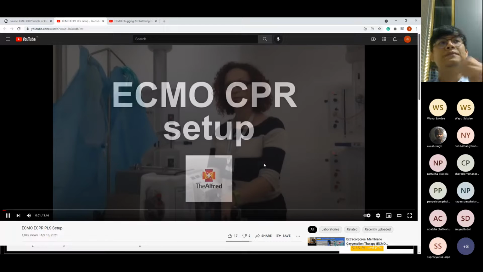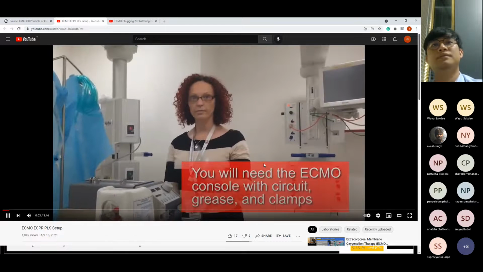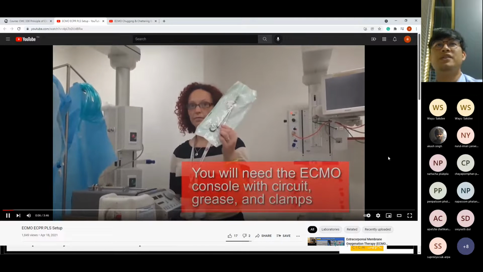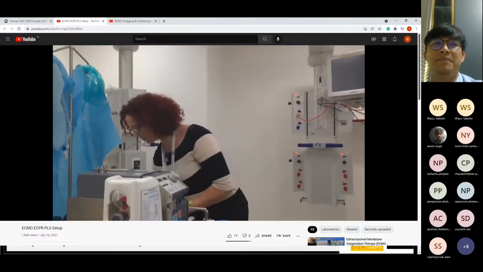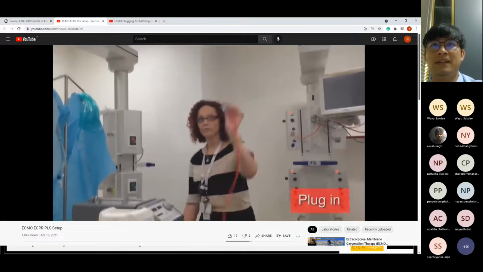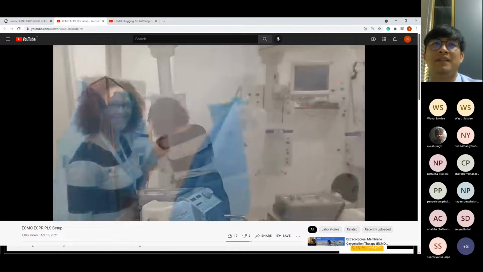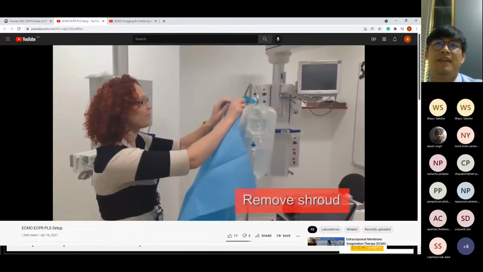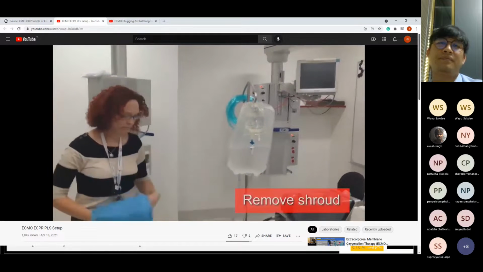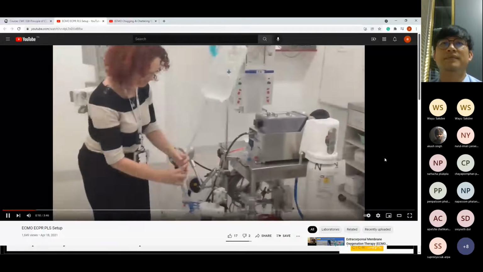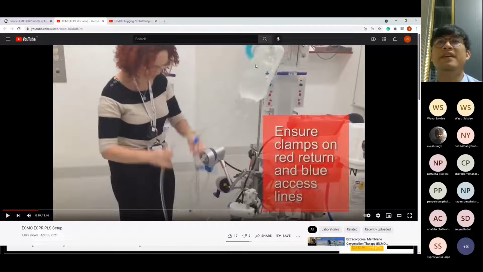So she showed the things that are contained in the ECMO cart. So you can see here the clear solutions, just for an idea for you.